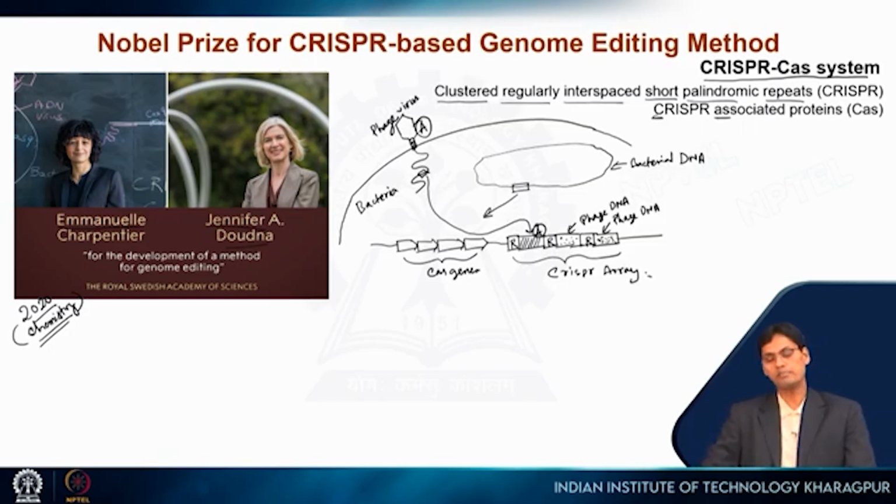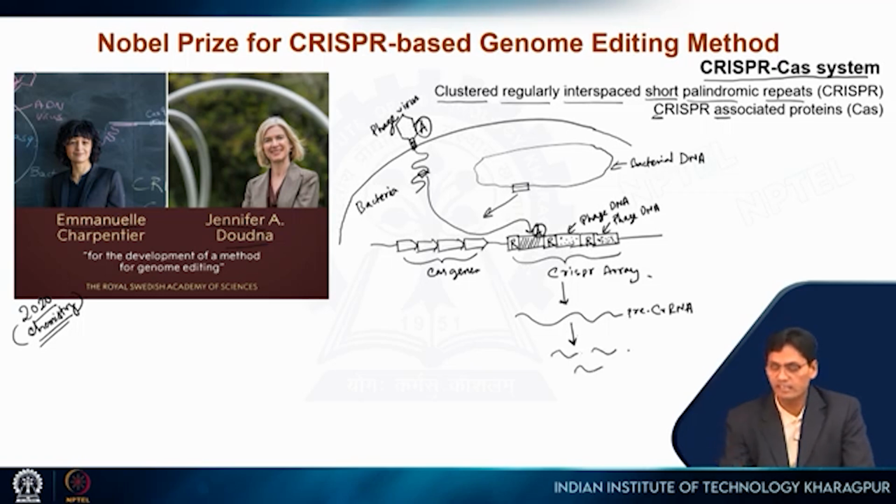Now what will happen? This CRISPR array will be transcribed into RNA, that is called pre-CRISPR RNA. And with some more modification, with many enzymes involved also, you will get CRISPR RNA. So why am I making small fragments?